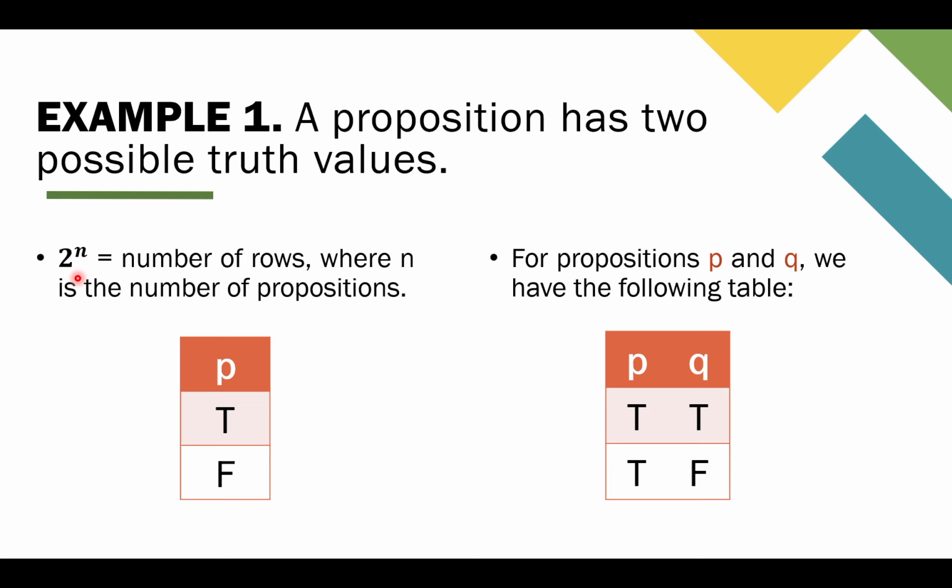That should be 2. 2 raised to 2, that is equal to how many? So that is equal to 4 rows in total. So we have 1, 2, 2 para sa first proposition, 3 and 4 para sa second proposition.